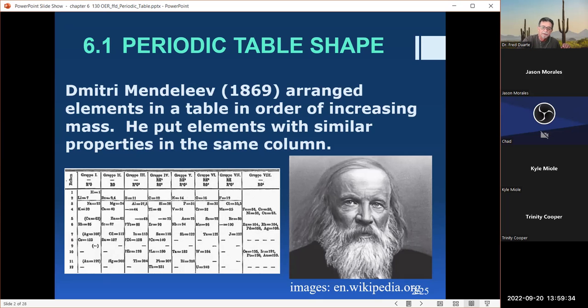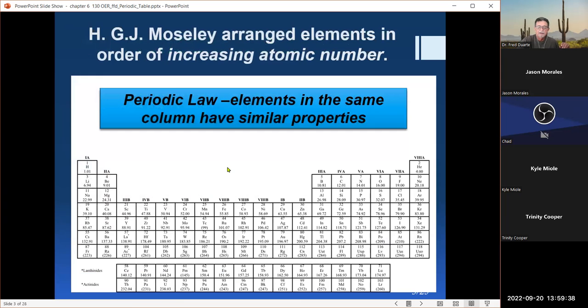All right, so Dmitri Mendeleev. Forget what year, but a scientist by the name of Moseley put together the table based on increasing atomic numbers.